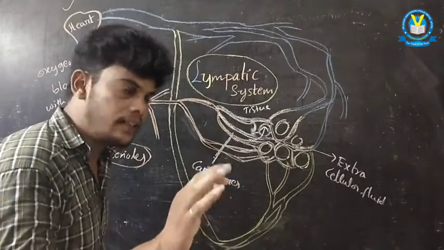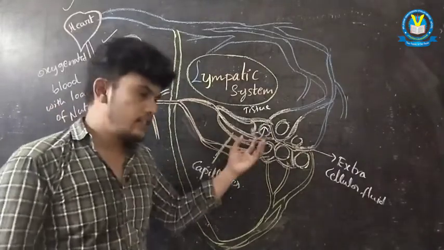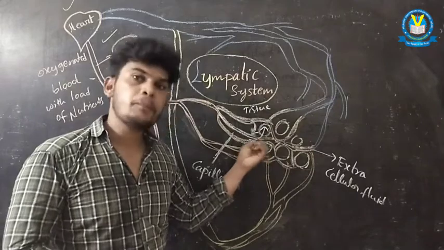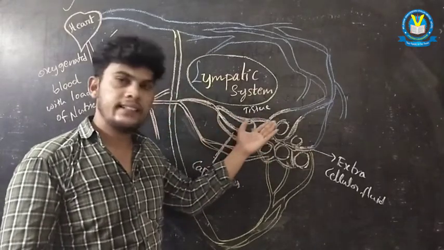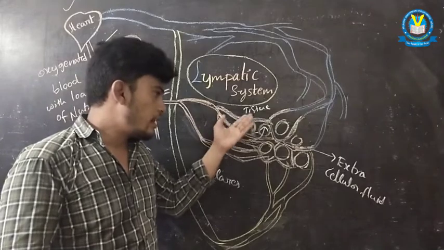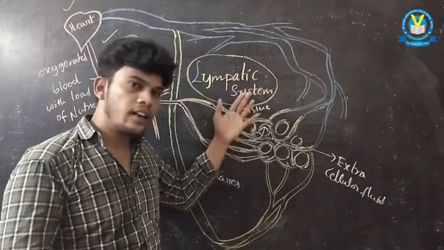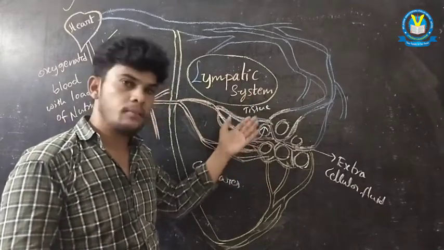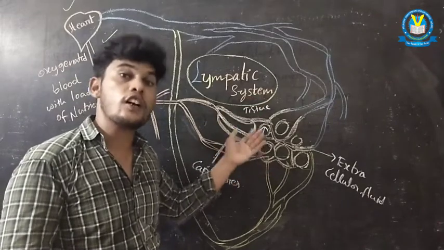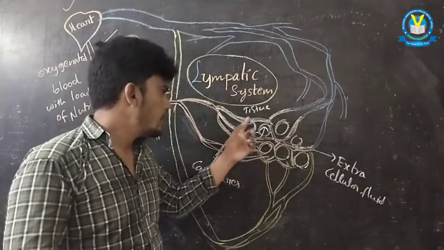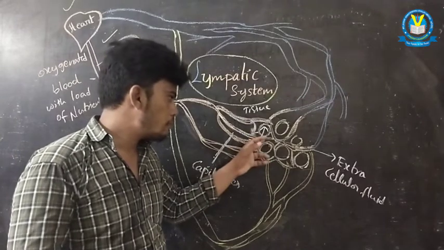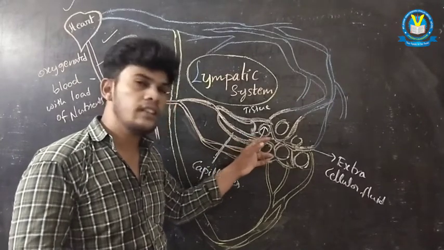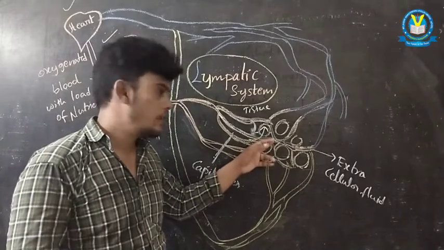What happened here? The nutrients and oxygen carried by the blood through the capillaries are diffused by a diffusion process as well as an osmotic process. The diffused nutrients became a fluid between the cells.